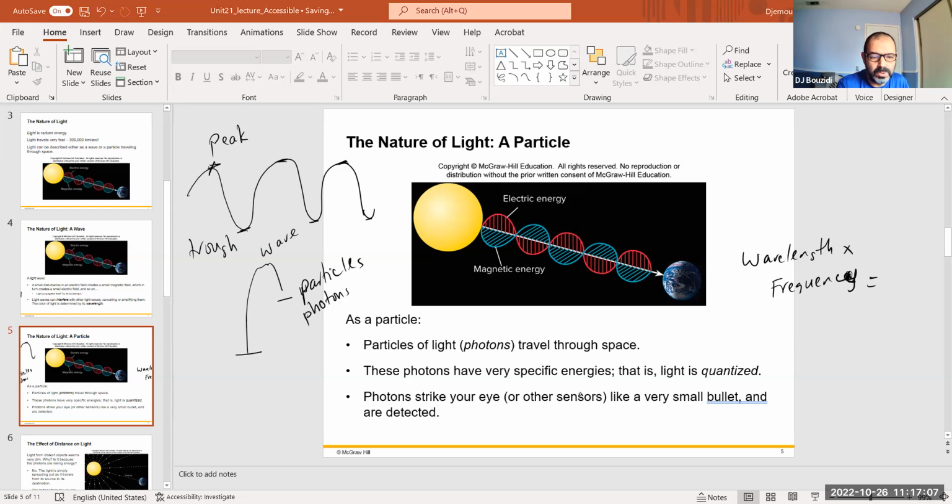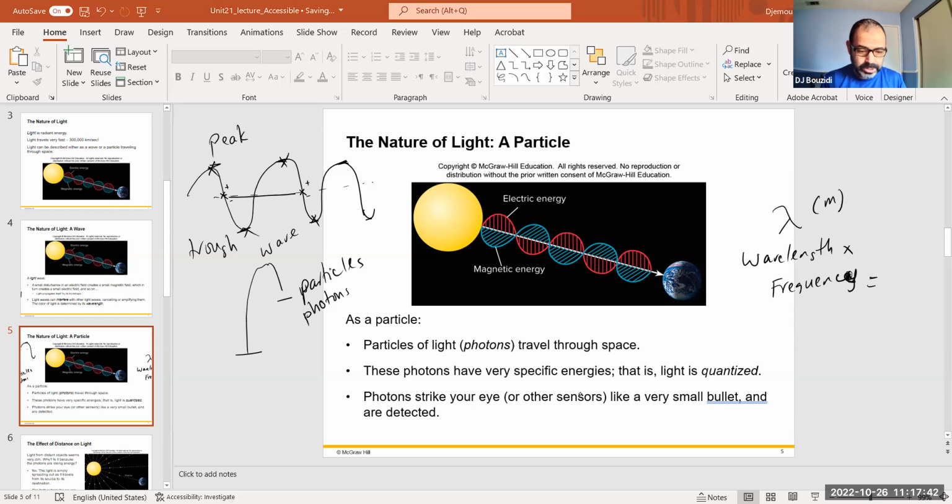The distance between a peak and a peak, or a trough and a trough, is what I'm going to call a wavelength. Or from where the sine crosses the equilibrium position going from positive to negative, to the next time it does the same, that is also the wavelength. In the book, they use the Greek letter lambda for it. It's a distance. It's measured in meters.